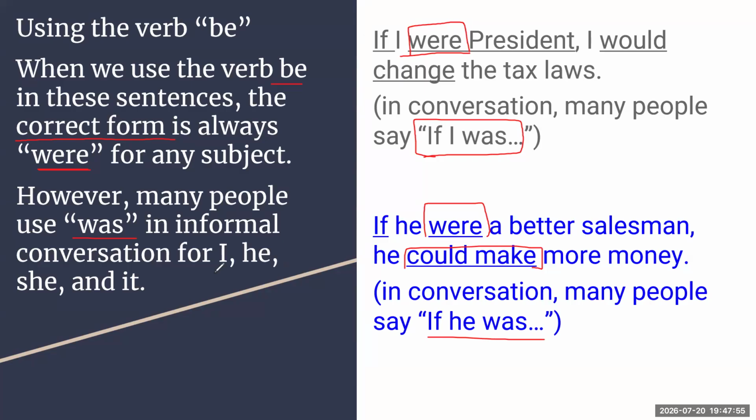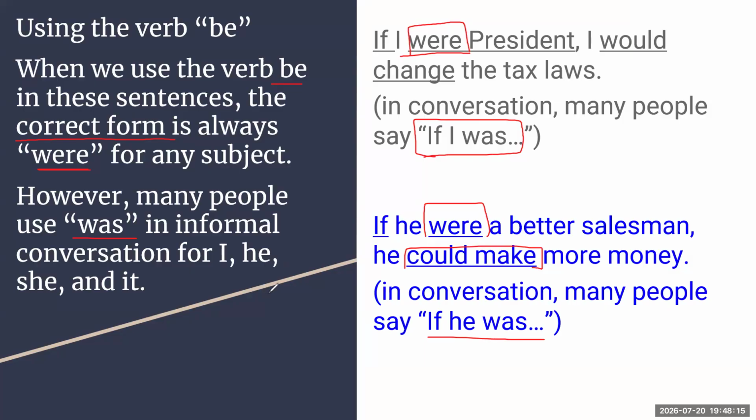Teacher? Yeah. It does mean we can use were in the writing or speaking for any subject. For example, I, you, they, she, it.